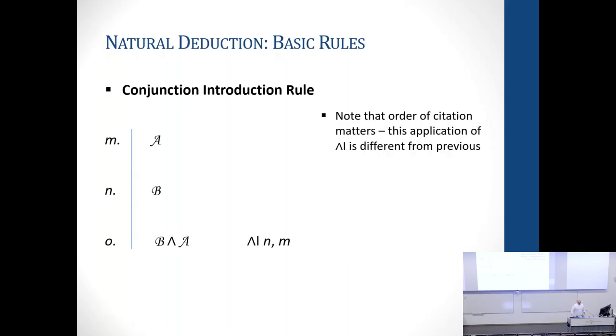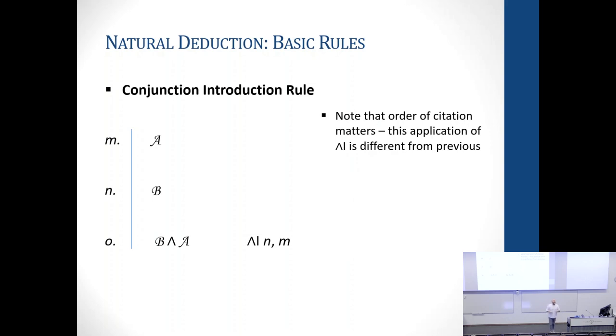Note, a very simple thing. It's useful when we're citing the lines we're doing. Cite them in the order that you want to build. So if you want the conjunction with A as the first one, cite A as the first one.